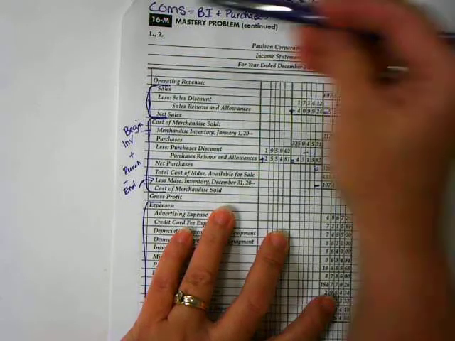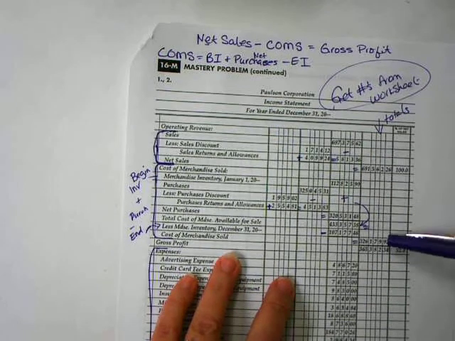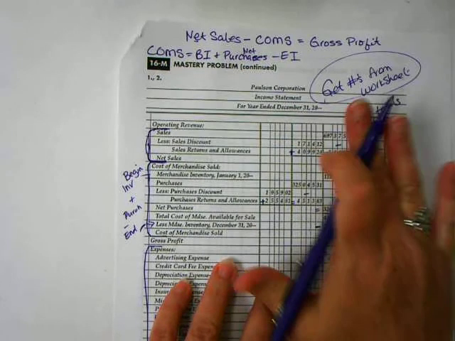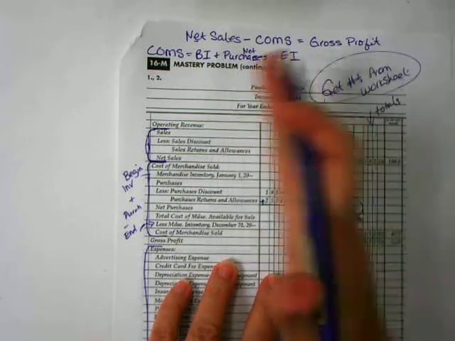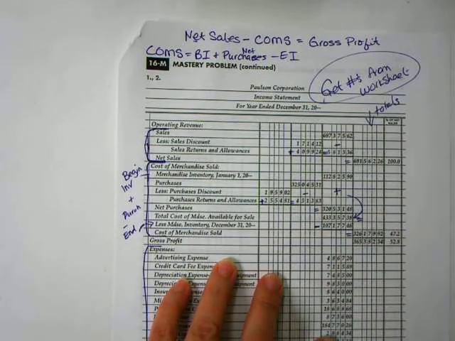So net sales minus cost of merchandise equals gross profit. Again, follow the pattern. What goes in what column? Just follow this pattern. You just pull the numbers from your worksheet.